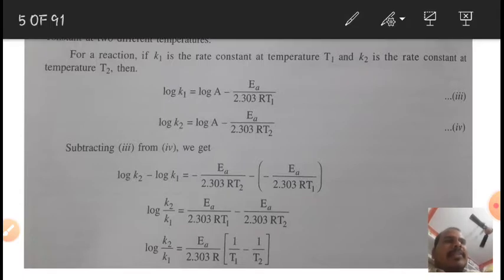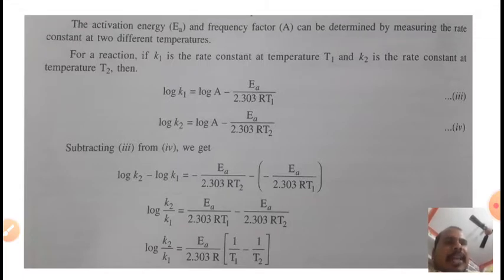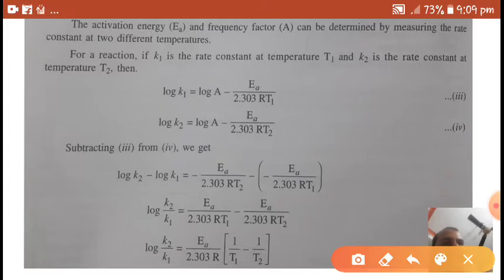Next, the activation energy EA and the frequency factor A can be determined by measuring the rate constant at two different temperatures.